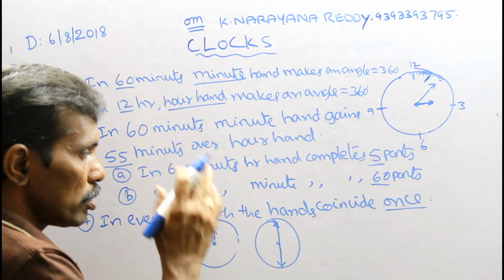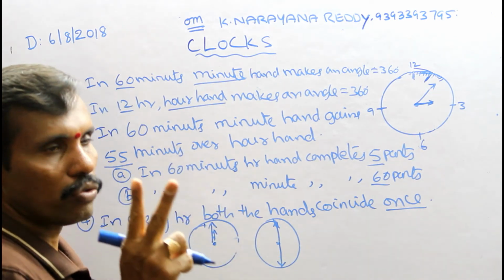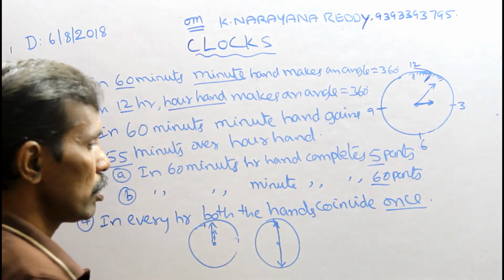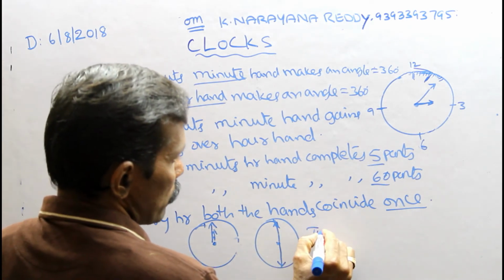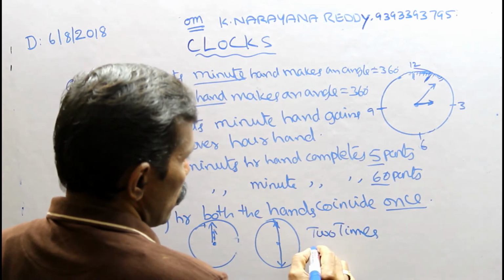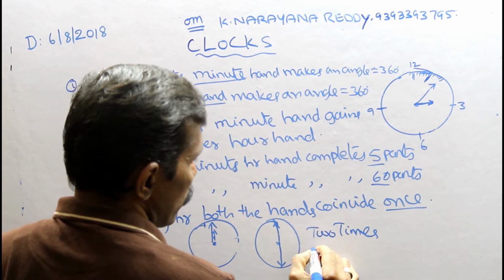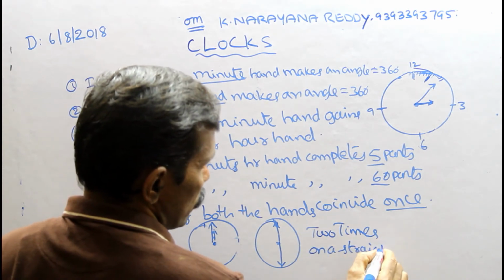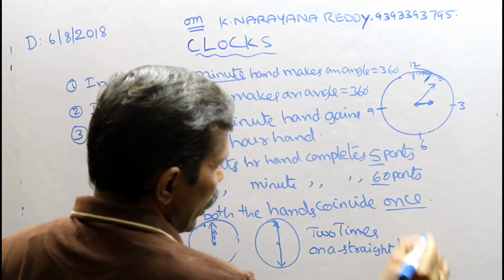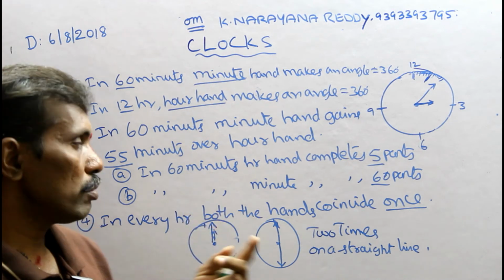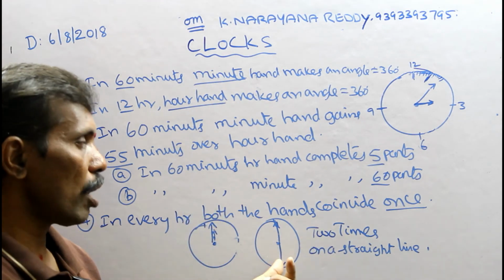So those are on the same straight line. Two times, on a straight line. One time is coincidence, another time is opposite direction.